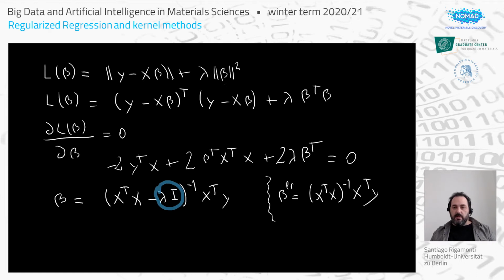Historically, ridge regression started just by putting this term by hand here. Now we justify it by putting this penalization.